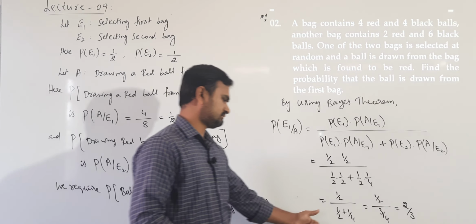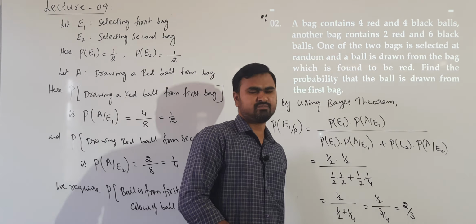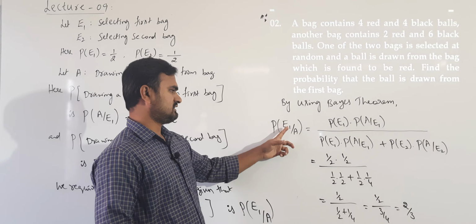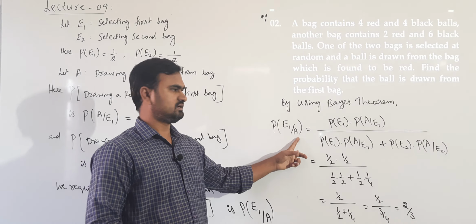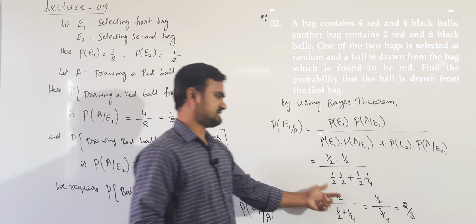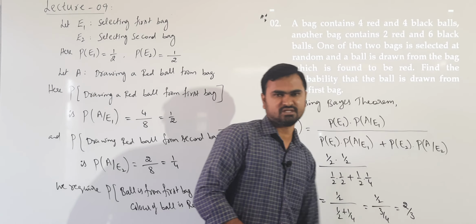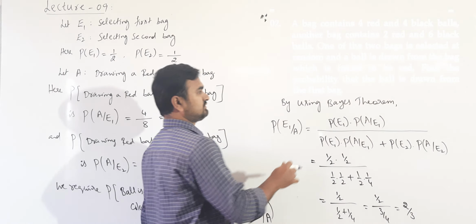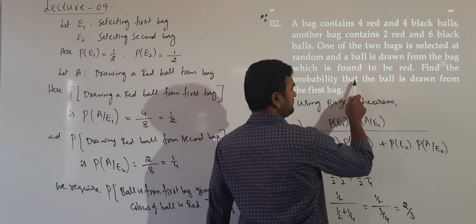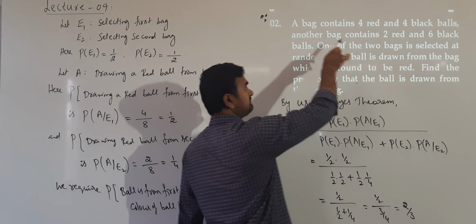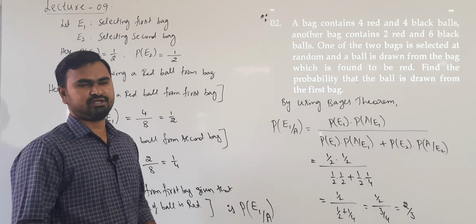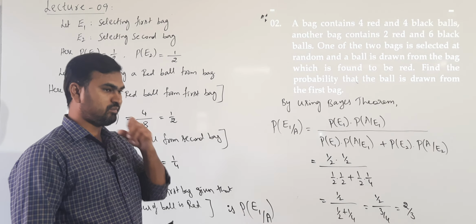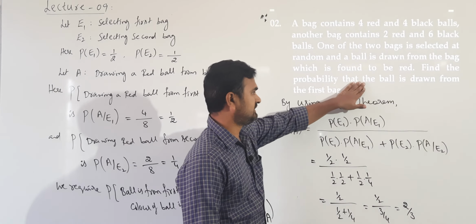Right. So the required probability that it is from the first bag, given that the color of the ball is red, is 2 by 3. Understand? So we are applying the Bayes theorem, that is the reverse probability. Already we know the color, and we are interested in finding whether it is from the first bag. If I am interested in whether it is coming from the second bag, the problem is completed here.